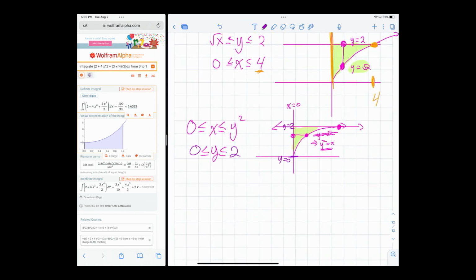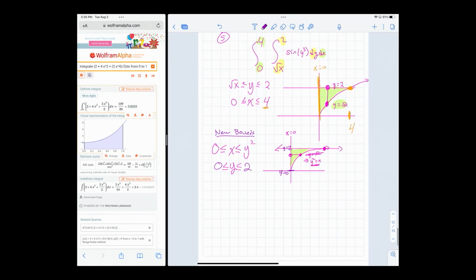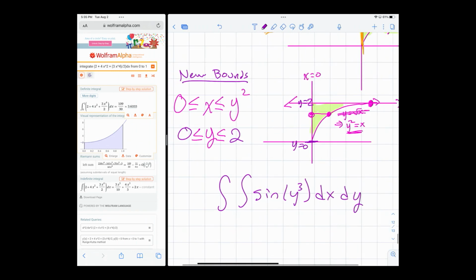So these bounds are the new bounds, but you can't really get those unless you draw the picture just how I drew the picture. So we'll do our integral. It is still sine y cubed, and this time we're doing a dx dy integral, and our bounds are what we have here: 0, y squared, 0, 2.